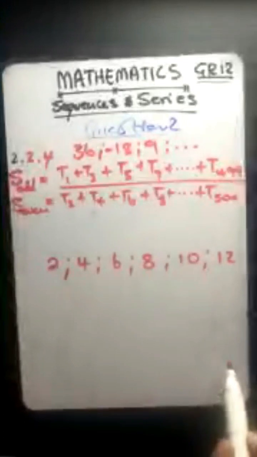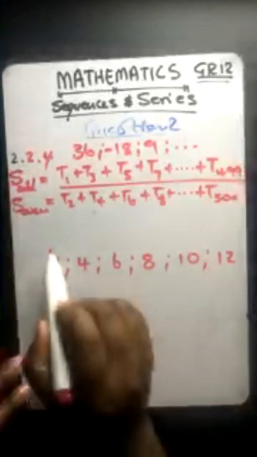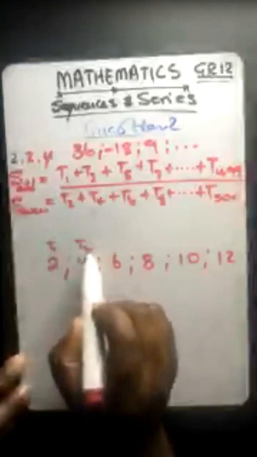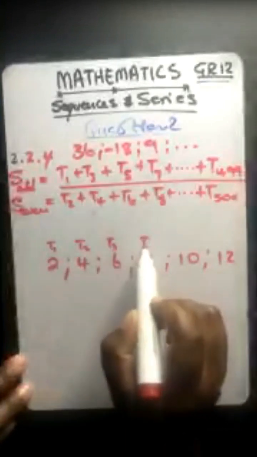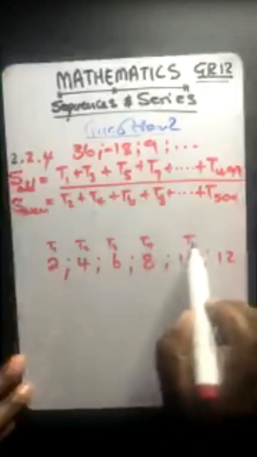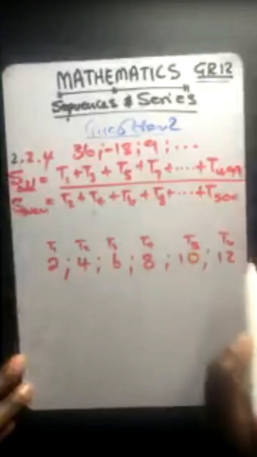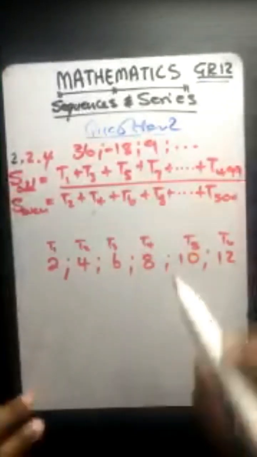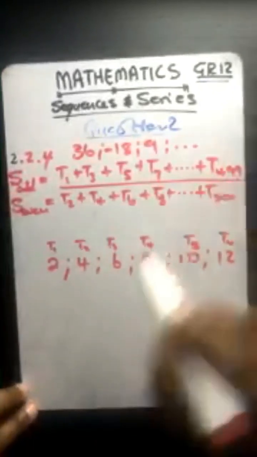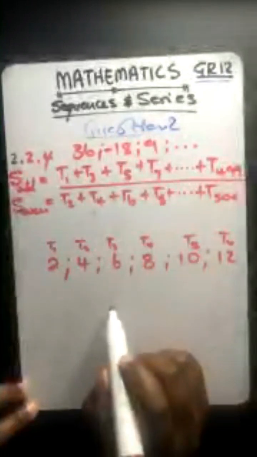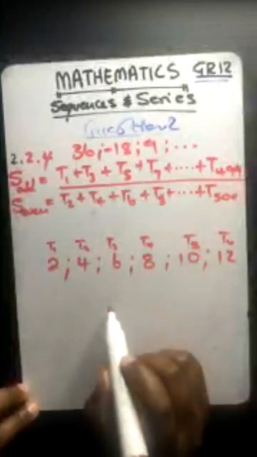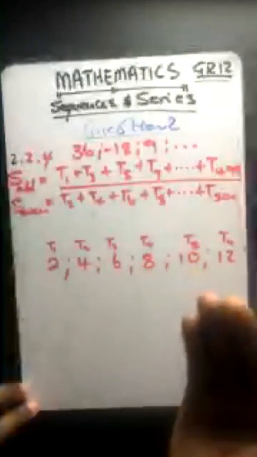This is obviously term number 1, this is term number 2, term number 3, term number 4, term number 5, term number 6. So what they did there, on this same number pattern, they just focused on the even numbers.